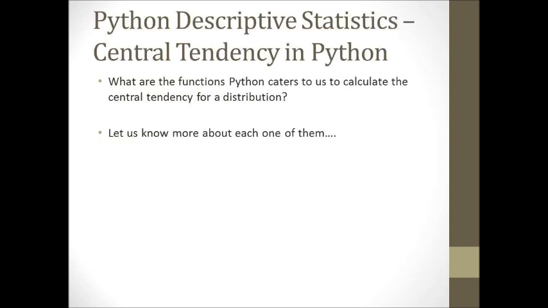First and foremost, I would be starting off with the Python descriptive statistics central tendency, using the Python programming language. Now, what are the various functions that cater to calculate the central tendency?